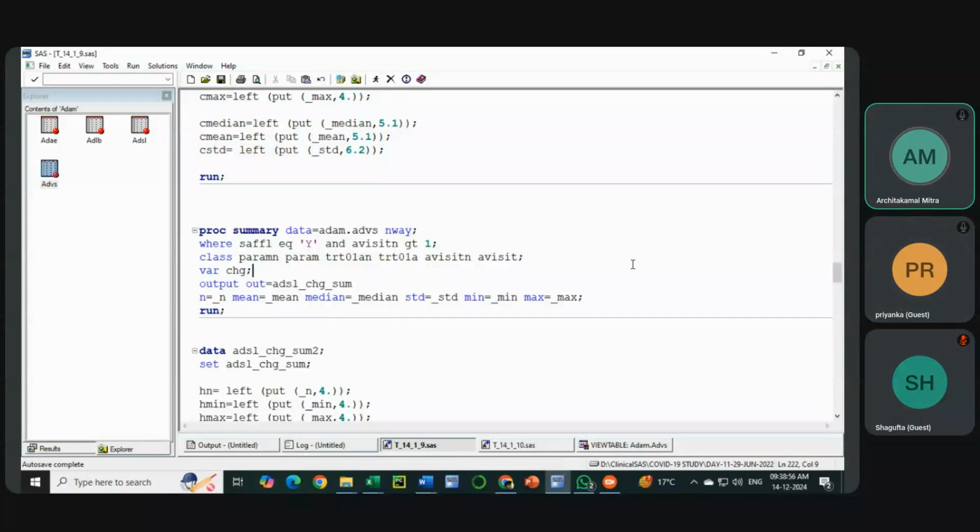So in an interview, if they ask you, have you used proc means or proc summary, you can say yes, both have the same functionality. And if you find any major difference, you say that. But both are the same. That's why I purposely did proc means with the macro and proc summary in this normal format.